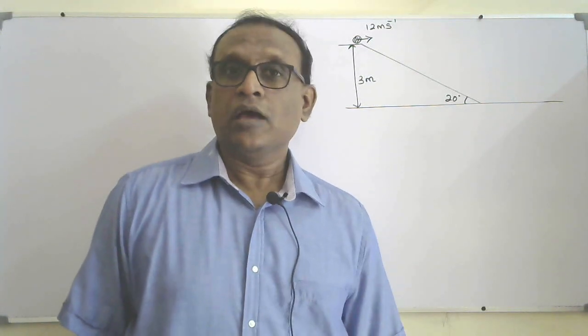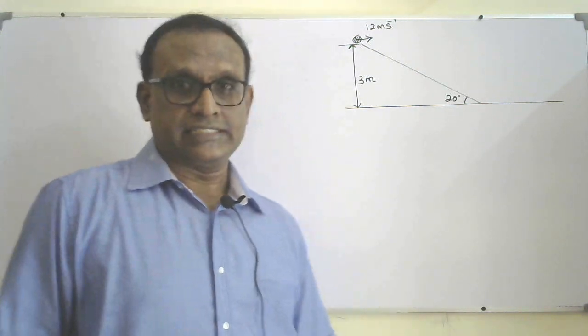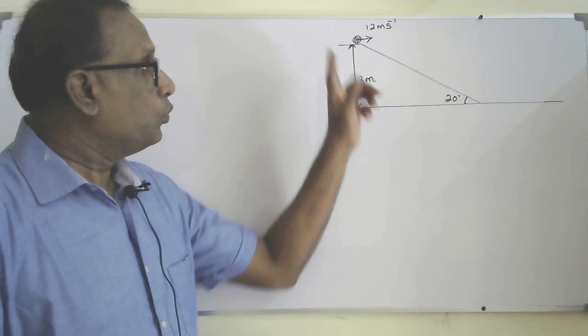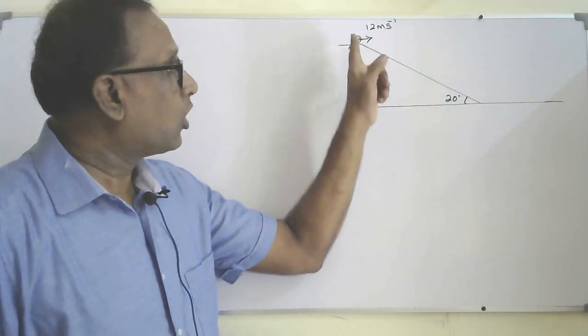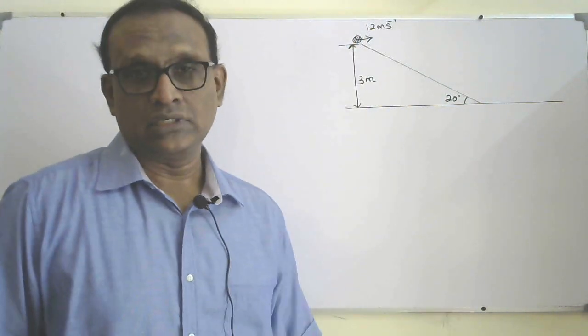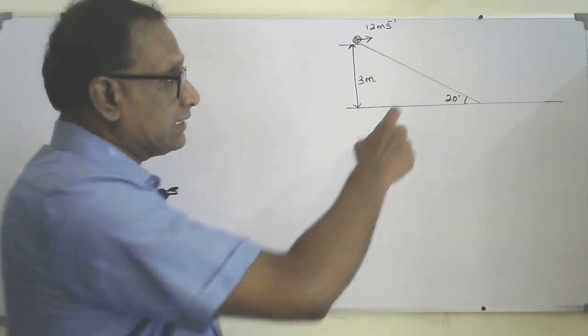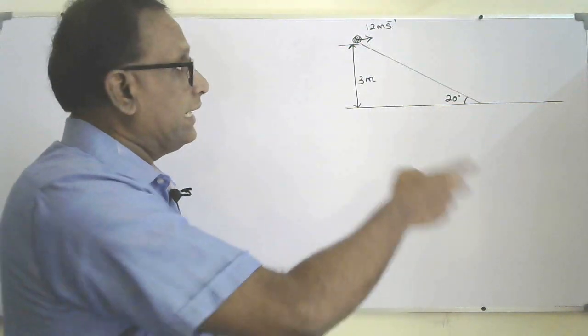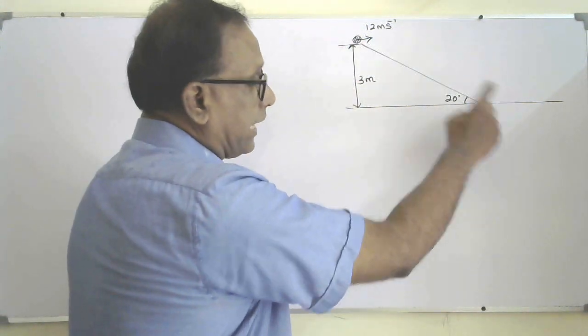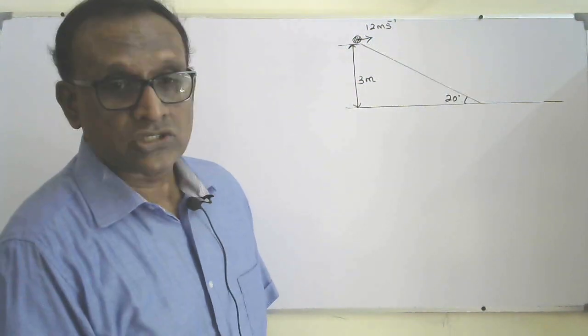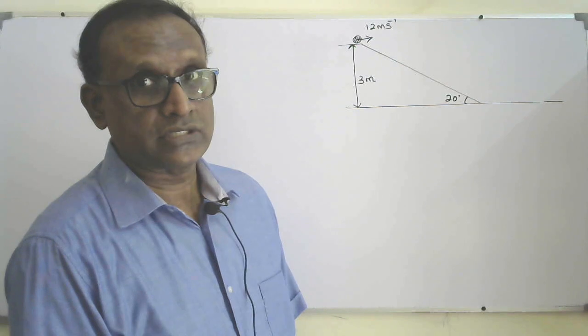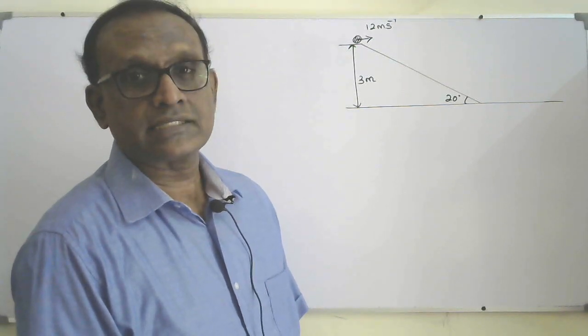The question is, by using proper calculations, deduce whether the ball will hit the ramp or go out of the ramp. So there are two possibilities. The ball can hit the ramp or it can move out of the ramp and hit the horizontal floor. We need to find it by using proper calculations.